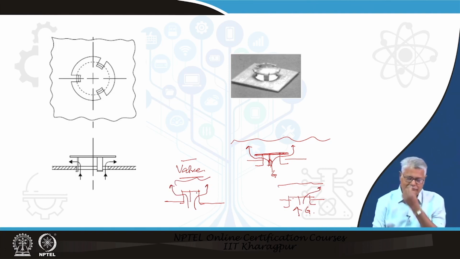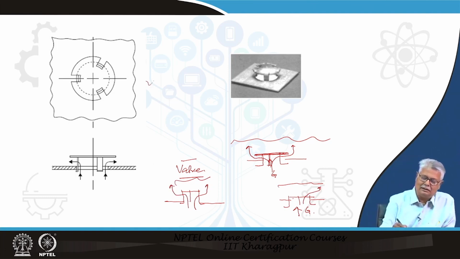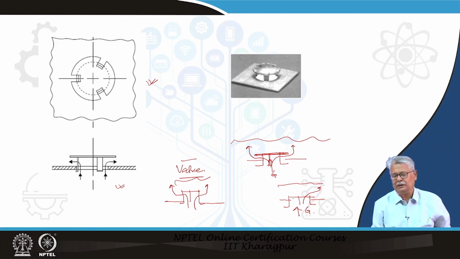So, what we have here is just a plan of how it looks, and here is an elevation or a side view, which shows that the legs are there to hold it inside the hole so that it does not jump out. These are basically the 2 types of contactors or dispersers that we are going to learn how to design.